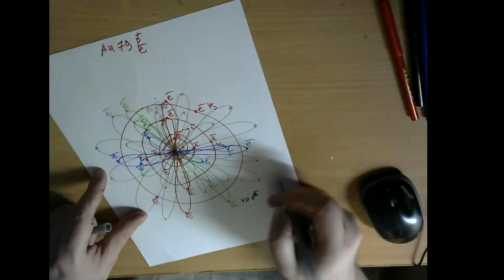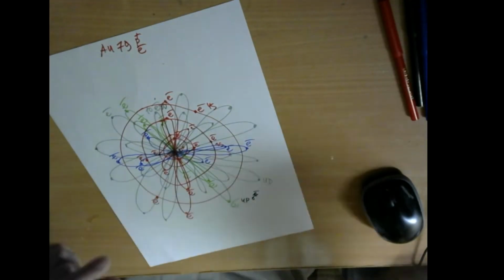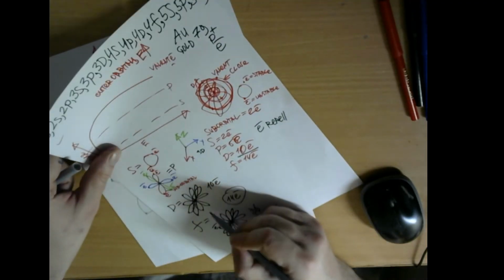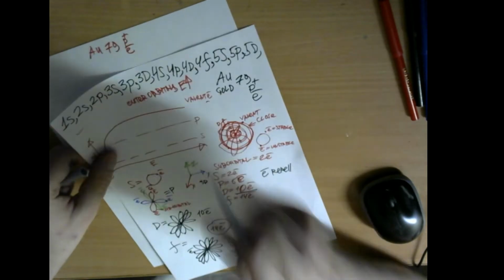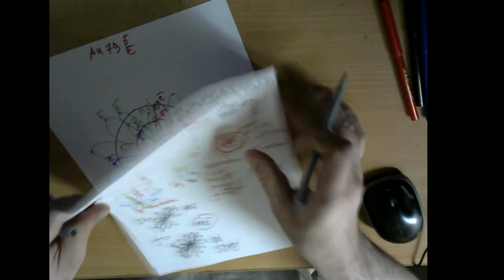This would be 4d. And we didn't even get now to 4f, which is 14 electrons. Next, 4d, 4f.